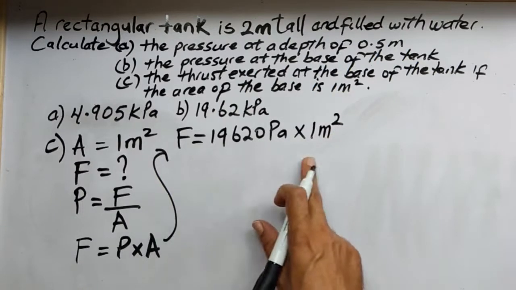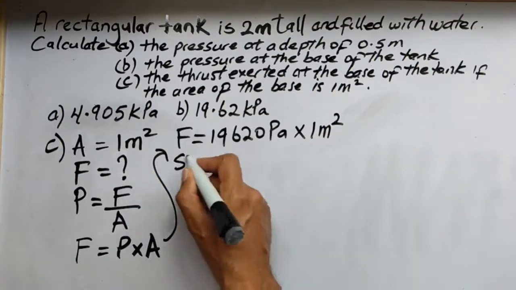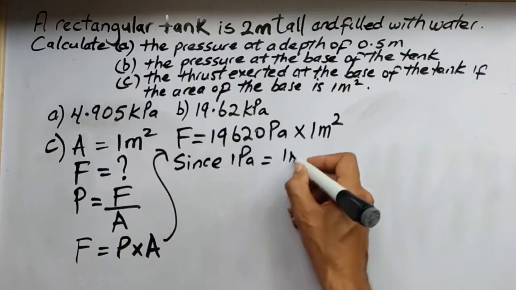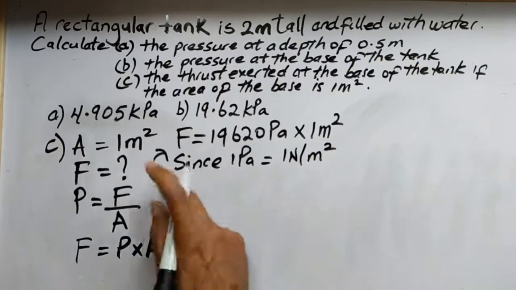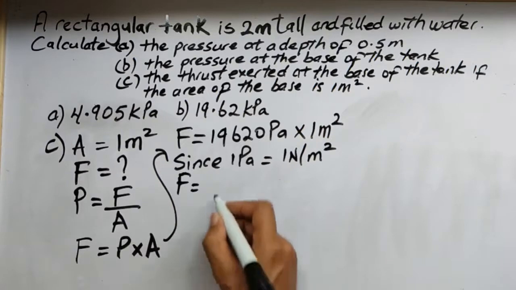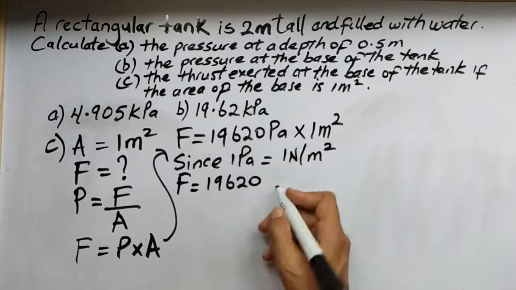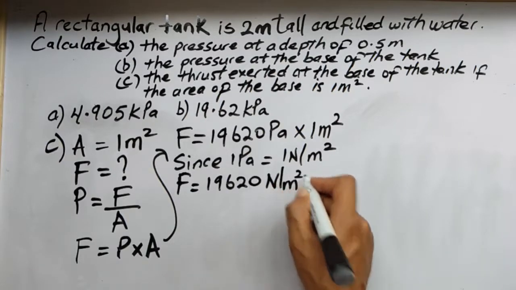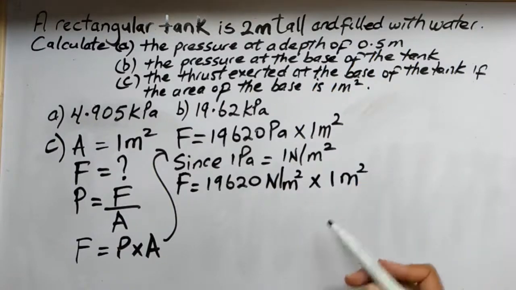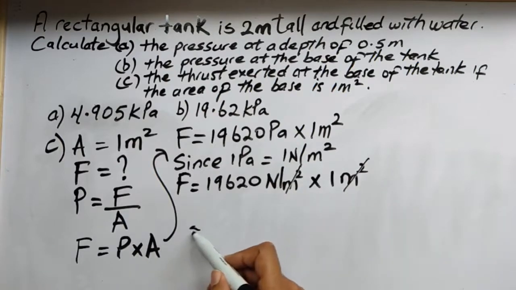Because we want to work to get units of newtons, we'll write, since 1 Pascal is equal to 1 Newton per meter squared, we could rewrite this equation. Force is equal to 19,620, and instead of Pascal, put the Newton per meter squared, and now multiply it by the 1 meter squared. So we could cancel our units of per meter squared and meter squared, and we'll be left with the Newton.